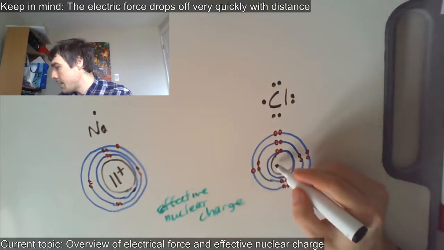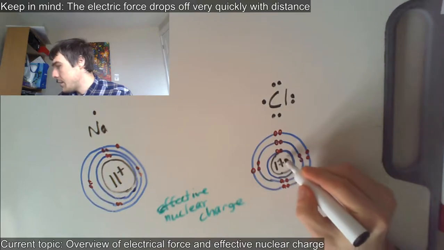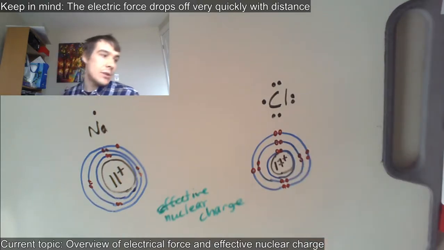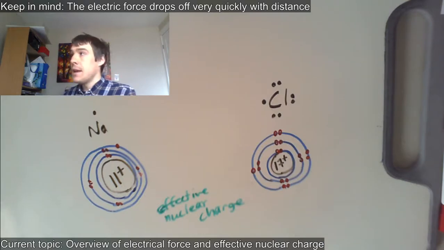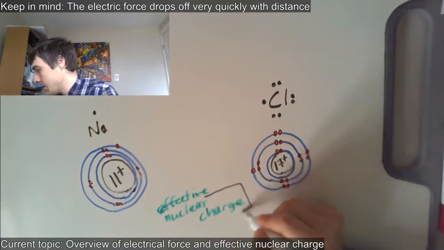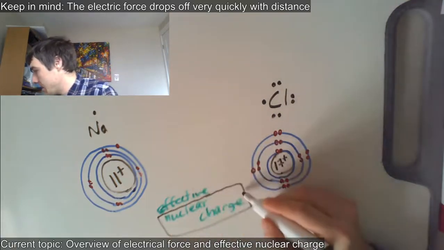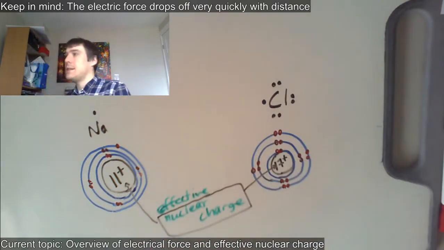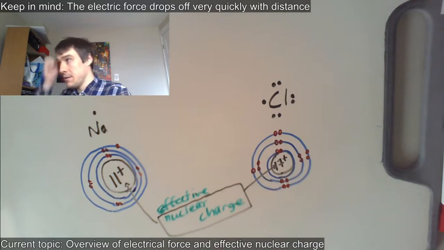And chlorine has 17 protons. So its effective nuclear charge is 17. Or its nuclear charge is 17. But that's just part of it, right? That's just the nuclear charge. How does the effective piece come into it? Effective nuclear charge.